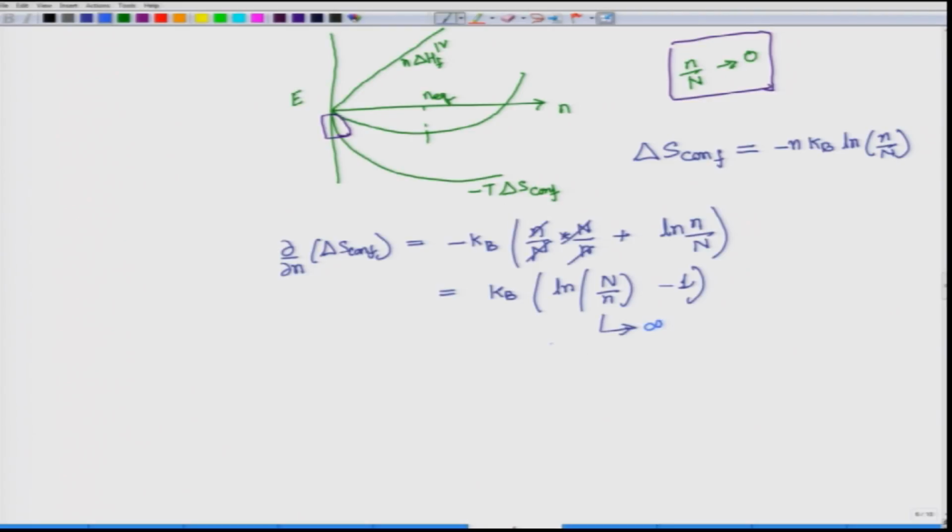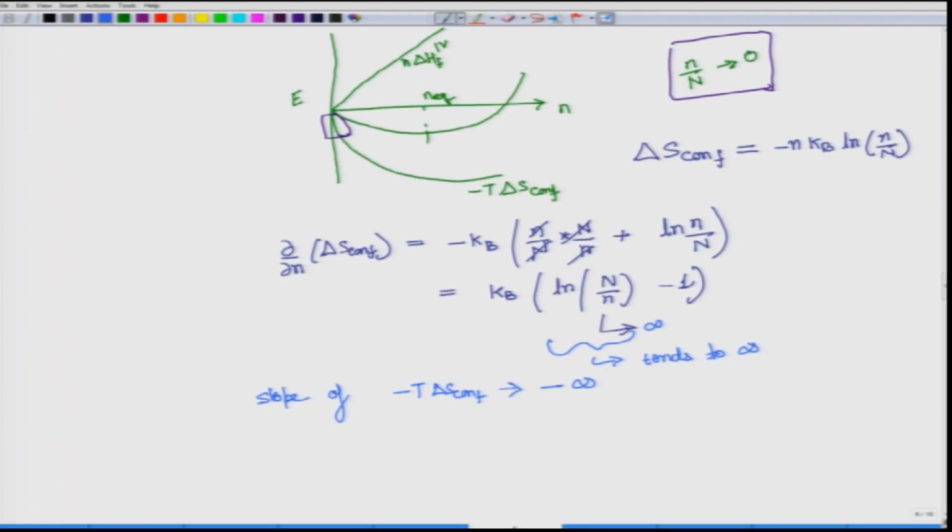When this quantity tends to infinity, the log of N by n also tends to infinity, which would mean that the slope of this particular quantity, minus T delta S configurational, tends to minus infinity. So, it is very close to infinity, but with a negative value.